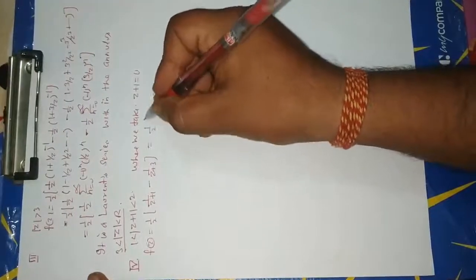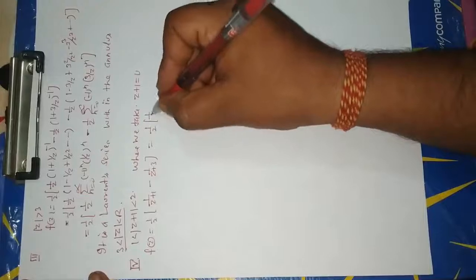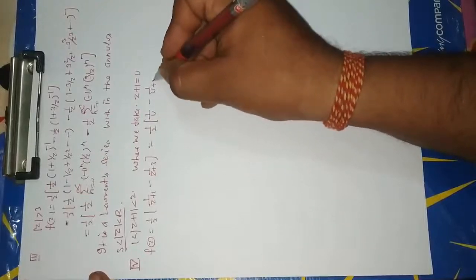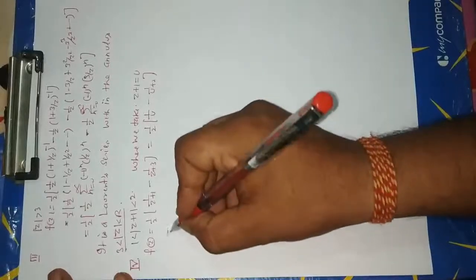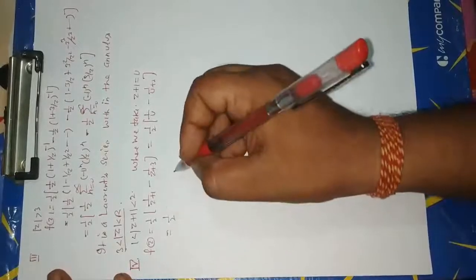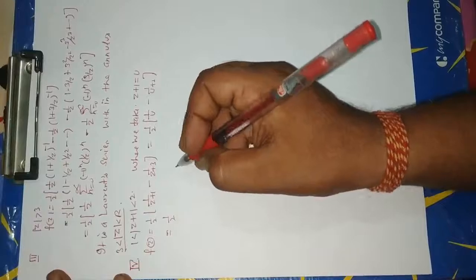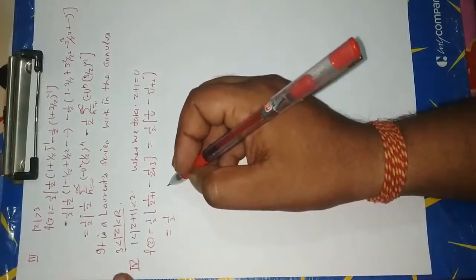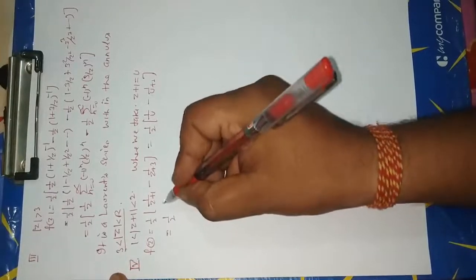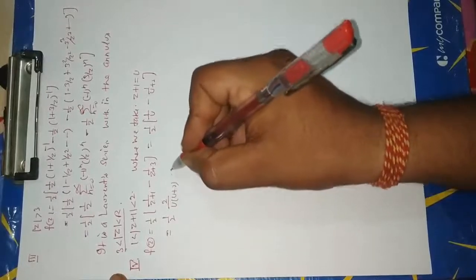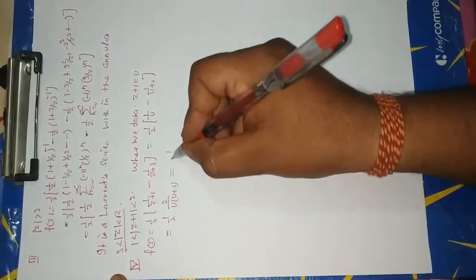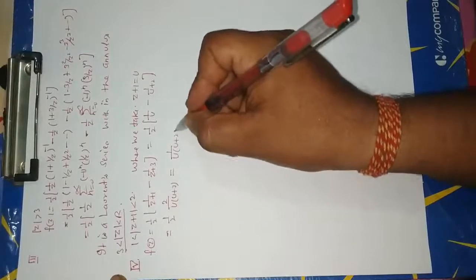Therefore, it will be converted into u terms, 1 upon u minus 1 upon u plus 2. This is equal to 1 upon 2, 1 upon u into u plus 2.